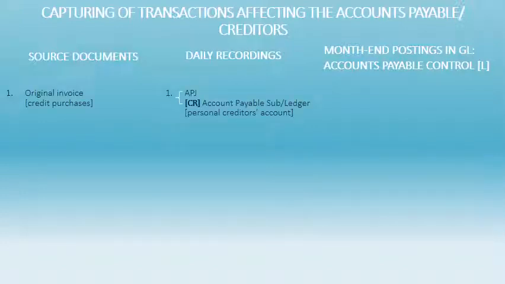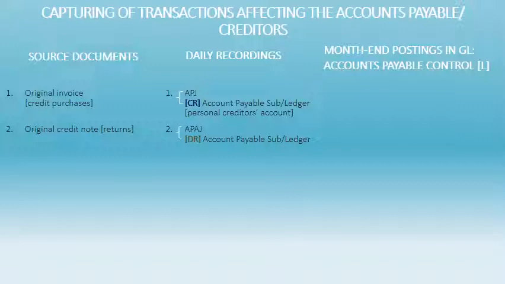Starting with the original invoice for credit purchases, these were recorded in the accounts payable journal. They will therefore be credited immediately to the accounts payable in the subsidiary ledgers. The original credit notes for returns were captured in the accounts payable allowances journal.